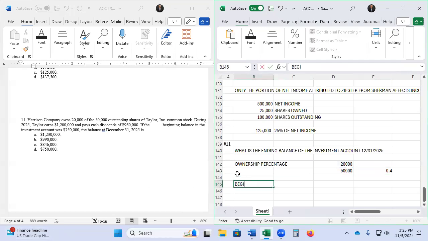Our beginning balance is 750,000. We add net income.